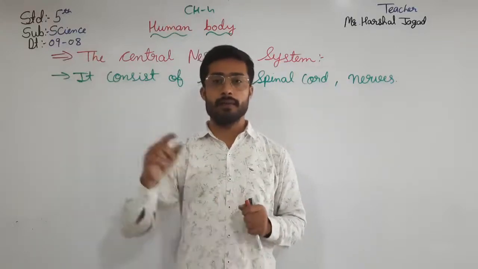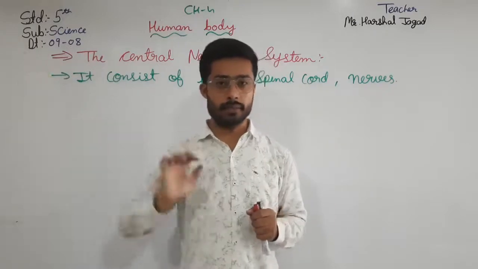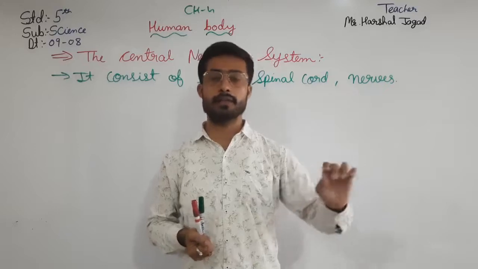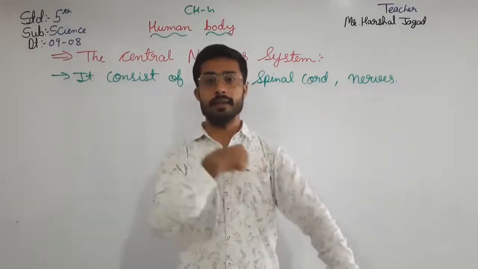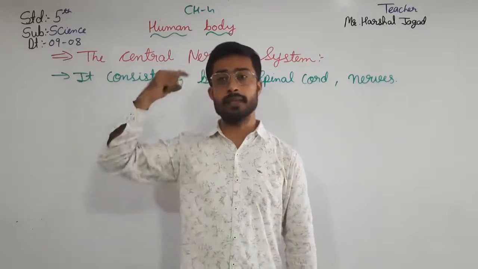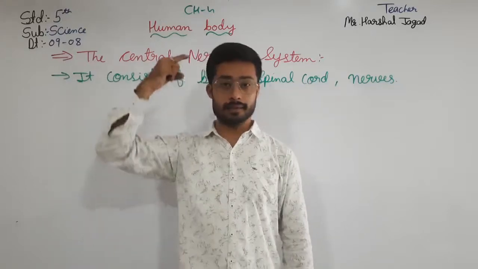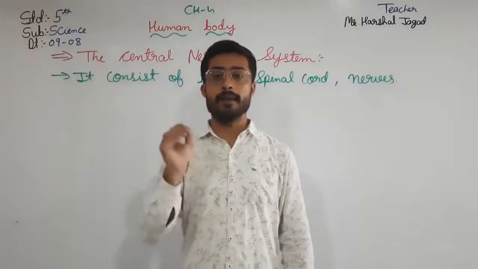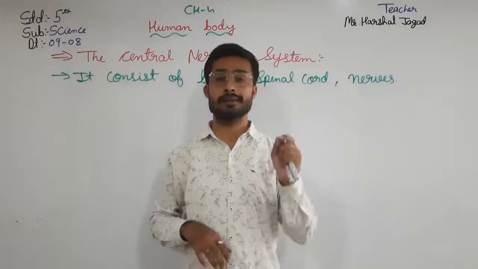The postman goes to that address and gives it to that person. Now, if I touch the hot vessel, this organ will send a message to the nervous system, and the nervous system sends the message to the brain, and the brain will answer the nervous system and the nervous system will answer the organ. So the nervous system is like a postman.